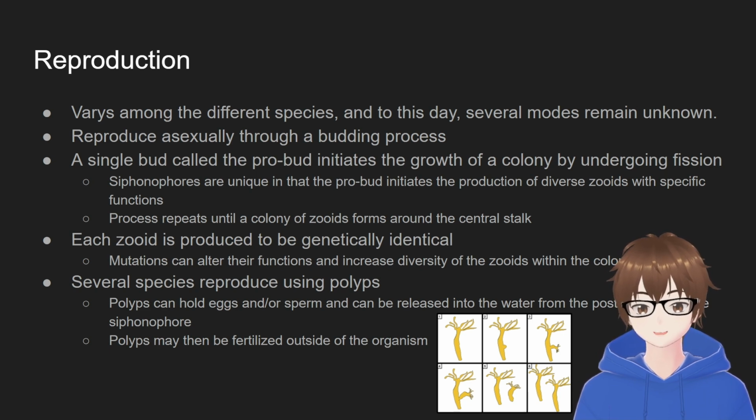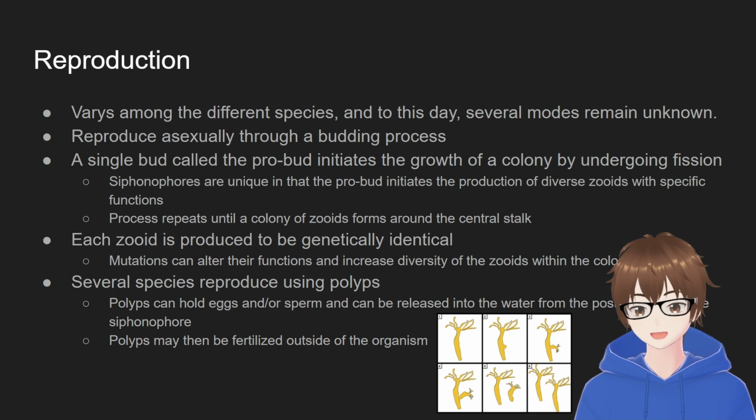And then others will reproduce sexually, and an egg and sperm will touch, and then it will grow into a new individual. A single bud is called a probud, which initiates the growth of a colony by undergoing fission. So Siphonophores are unique in that the probud initiates the production of all the different diverse zooids with very specific functions.